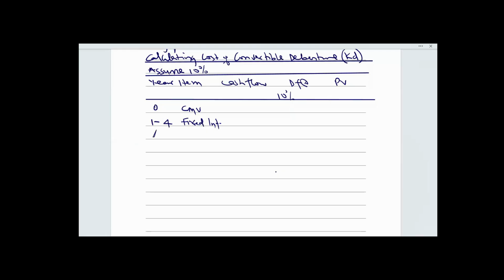Then at the final year, which is the exercise date, the debenture holders can either exercise their rights or they allow the security to lapse and then redeem it. Whatever the case may be, I will not put anything here yet until I do my calculation. Once I do my working, the higher of conversion value or redemption value will come to this year 4. But for now, we leave it blank.